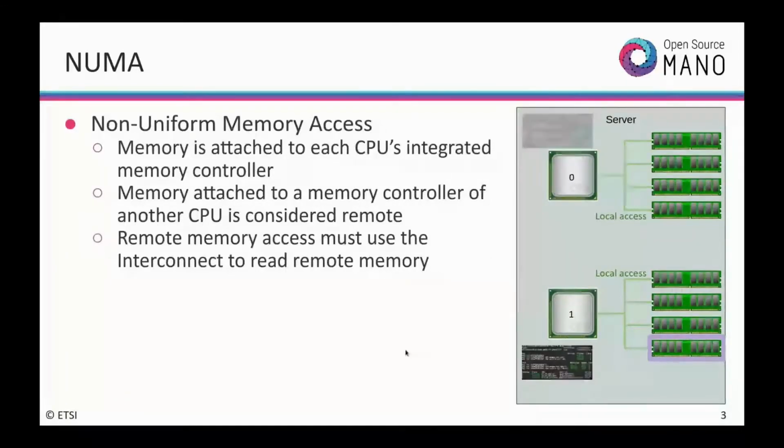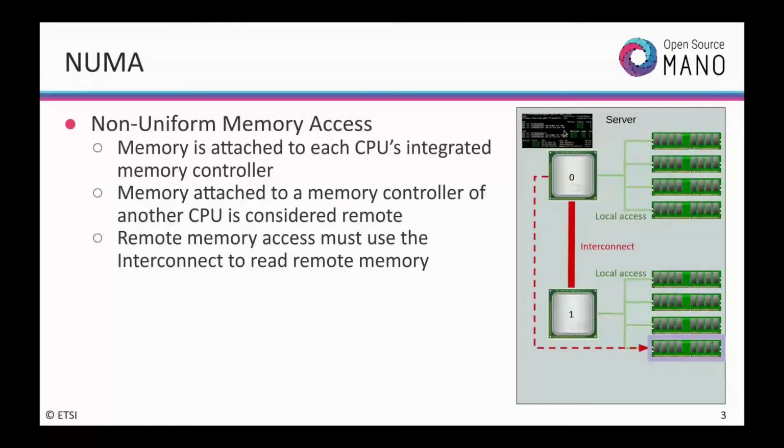If that process then does a context switch and say CPU number 1 became busy or overloaded, and the kernel, the hypervisor, decided, I'm going to start running this one on CPU number 0 because it's free, then the memory needs to be accessed through what is called an interconnect bridge.